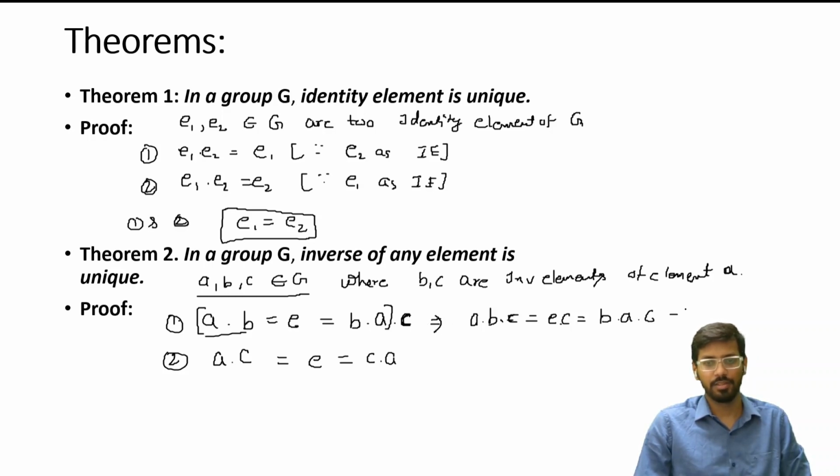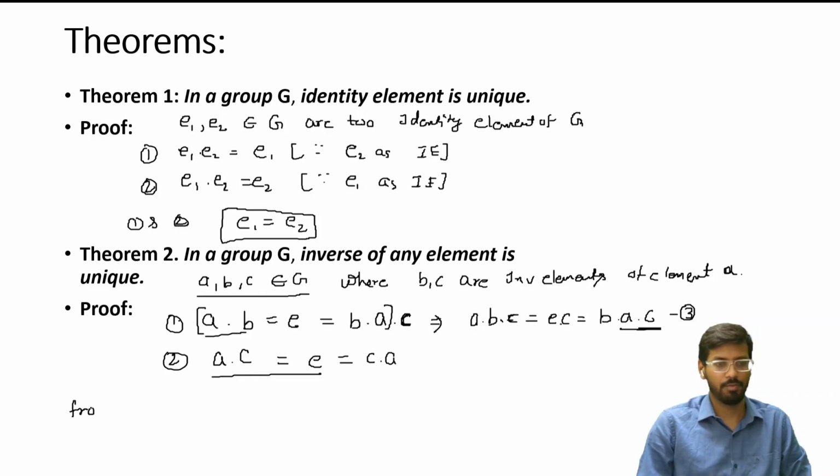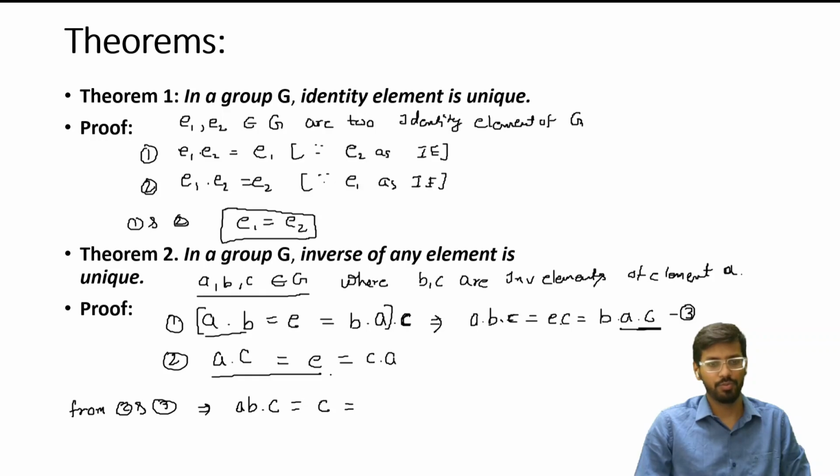Call it equation 3. Now we can put value of AC from this equation 2. From equation 2 and 3, we can write AB dot C is equal to E dot C is equal to, and we can put AC value from here.